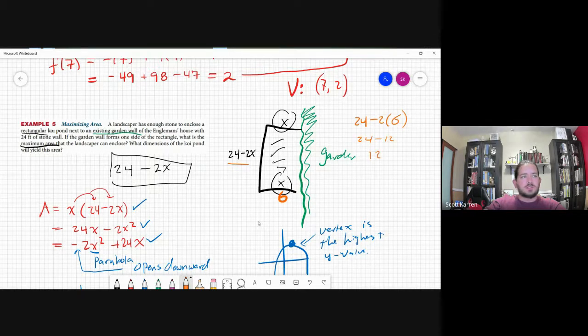And so that is 12. And so that's everything they could possibly ask us. What are the dimensions of the pond? 6 by 12. What's the maximum area? Well, 6 times 12 is our 72. That's it. That's the best that we can do.